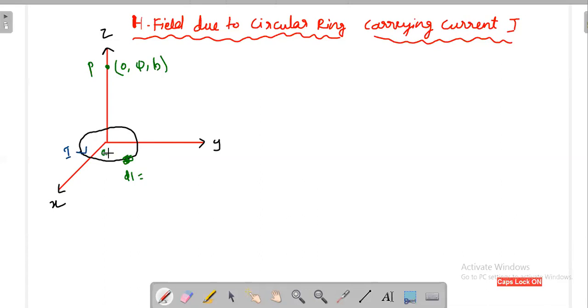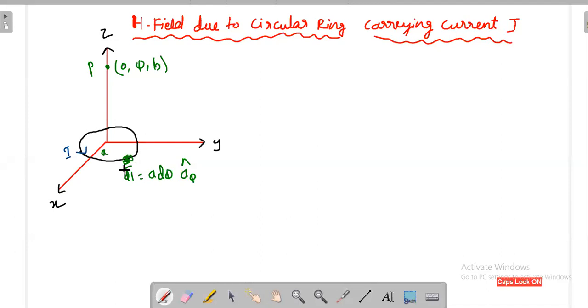Then your dl depends on a: a dφ, and your current is flowing in the a_φ cap direction. That's why the dl vector is in the direction of a_φ cap. So the dl vector is equal to a dφ a_φ cap.